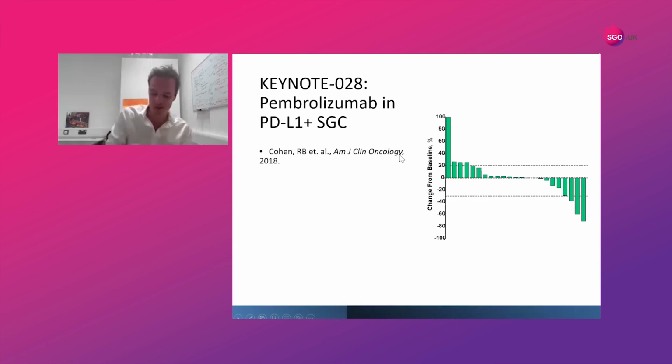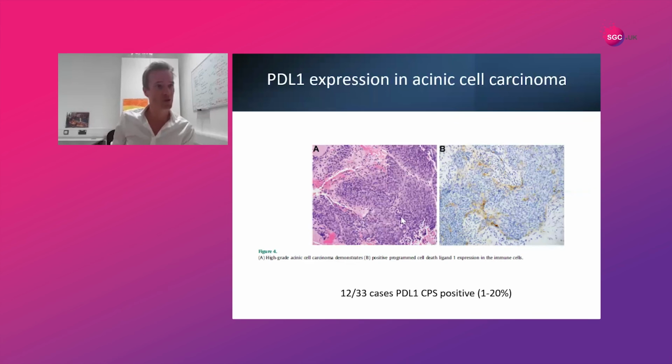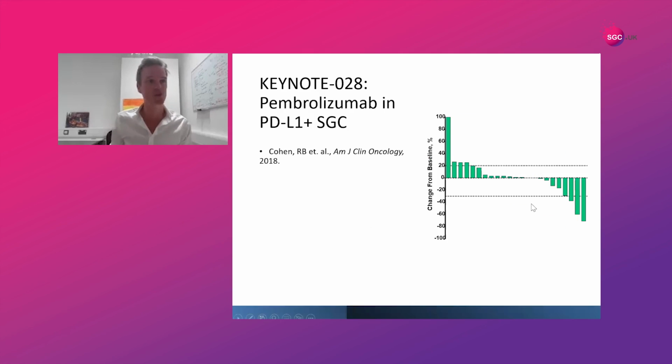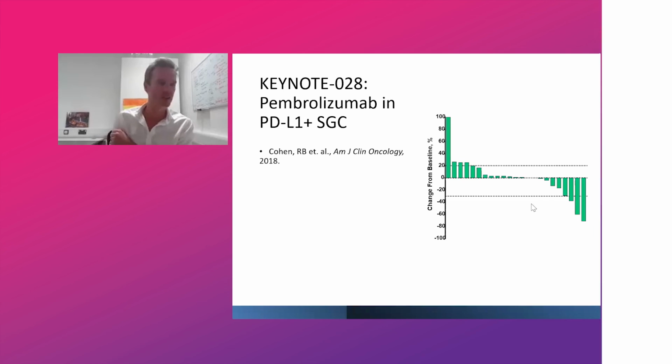But we don't have a study. If you had 30 patients with acinic cell carcinoma, which with this PD-L1 scoring were all positive, that would be the dream for a medical oncologist. But such a study doesn't exist. So that's the current signal and information, I think, for immunotherapies in acinic cell carcinoma.